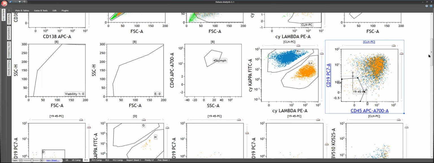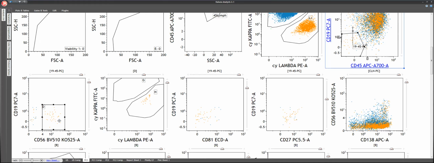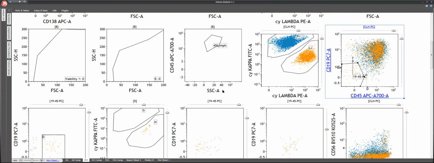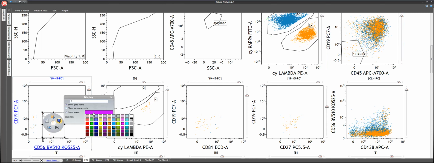If we adjust a few more things, we are adjusted and they are falling into the lambda positive expression.